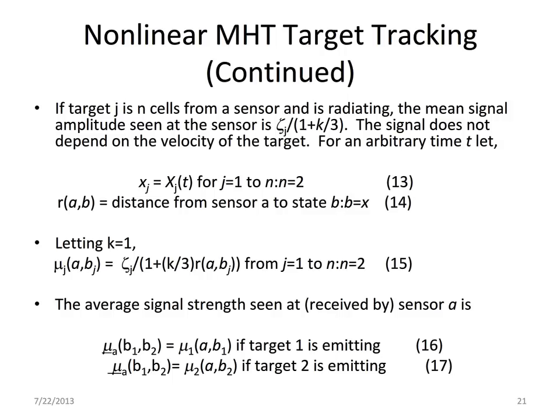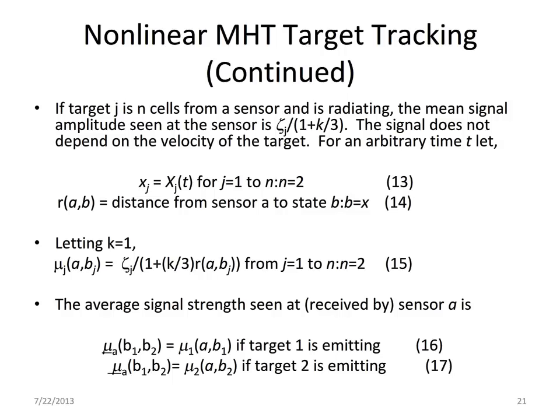If a target is a certain number of cells from a sensor and is radiating, the sensor sees a mean signal amplitude, and of course the signal does not depend on the velocity of the target. We know in reality that's not true, but for simple modeling purposes, this will do.